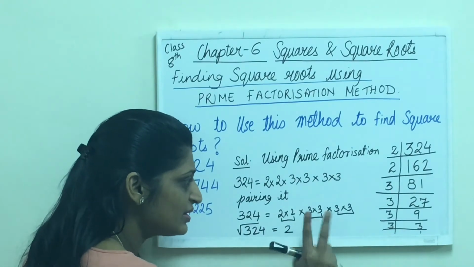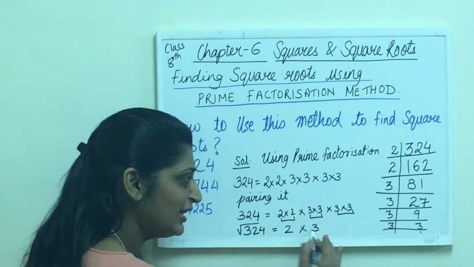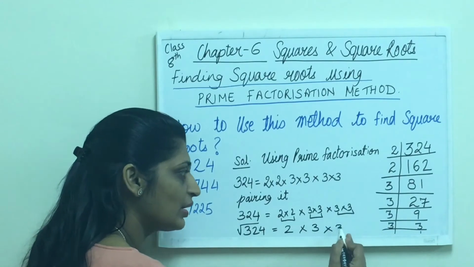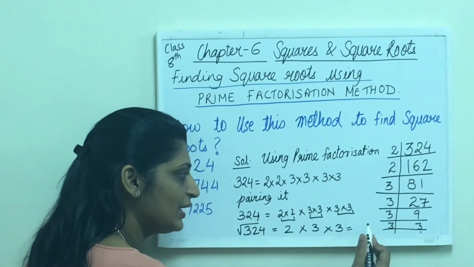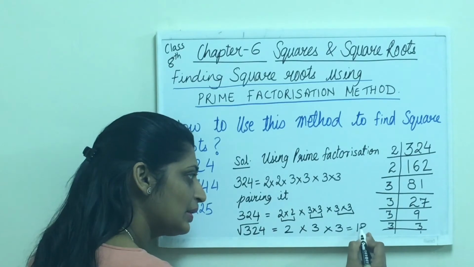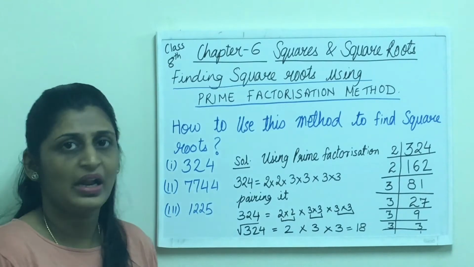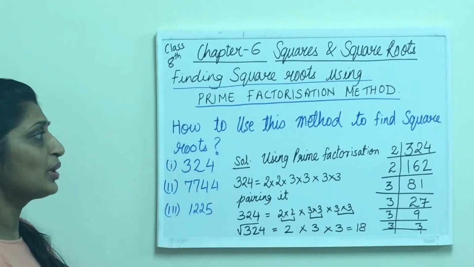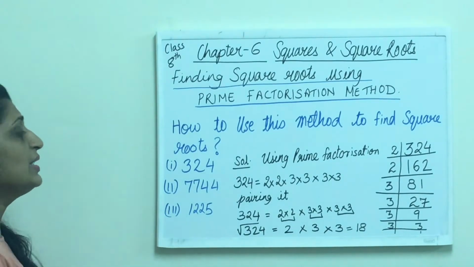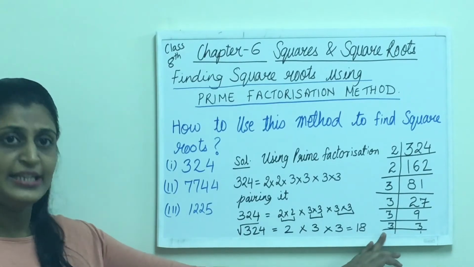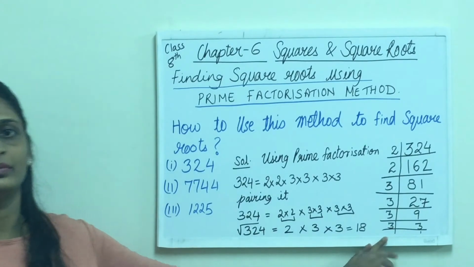There are 2 times 3, I will take only one 3. There are 2 times 3, I'll take only one 3. And when I multiply them, I'll get my square root of 324. So to conclude my answer, the square root of 324 which I got is 18.